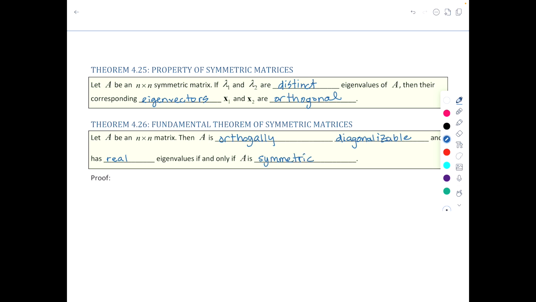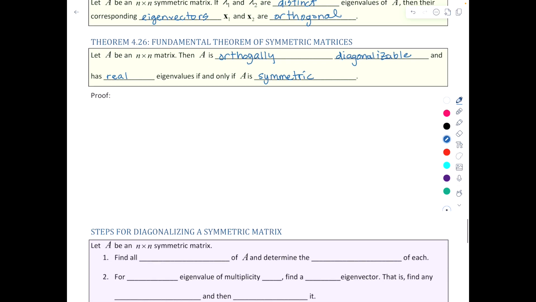And we'll look at the proof of this one real quick. So, case 1, because it's an if and only if. We'll assume A is orthogonally diagonalizable.